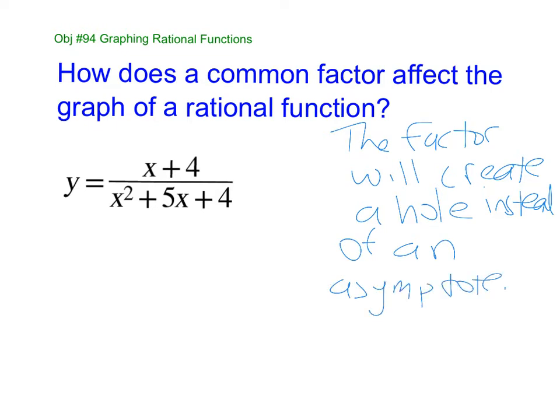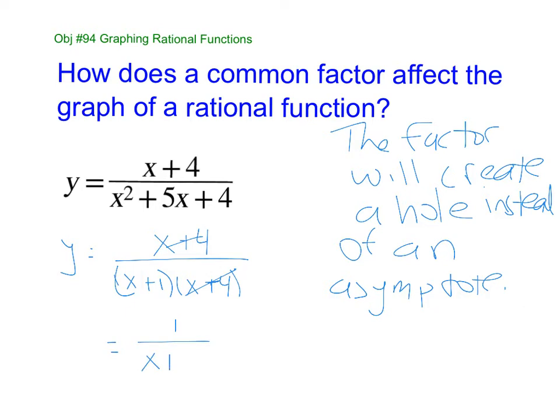So if we look at this one, if I factor it, I get x plus 4 over x plus 1, x plus 4. So that x plus 4 cancels out, and we're left with 1 over x plus 1.